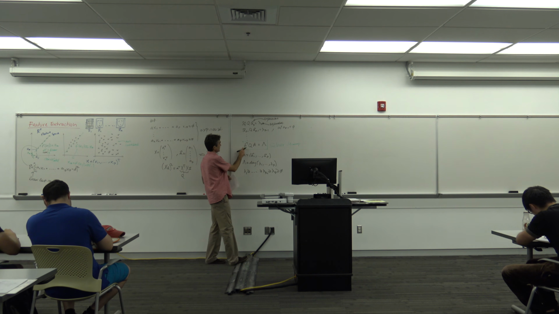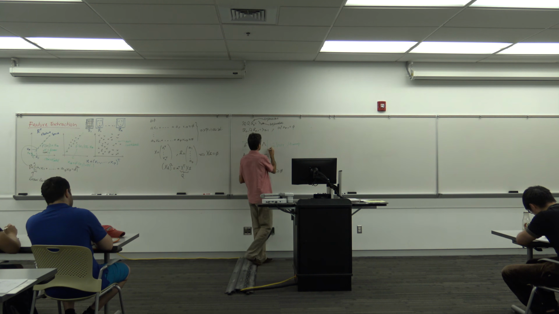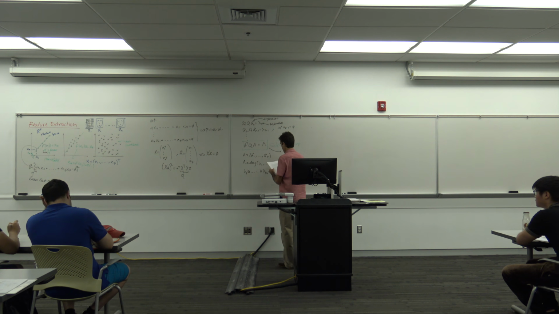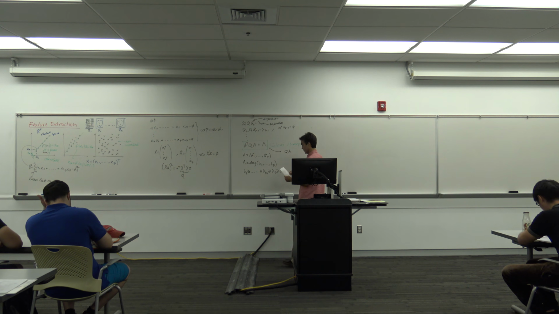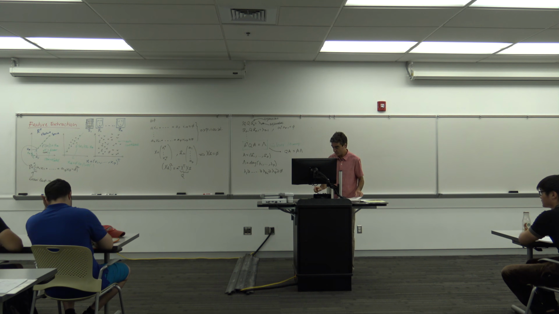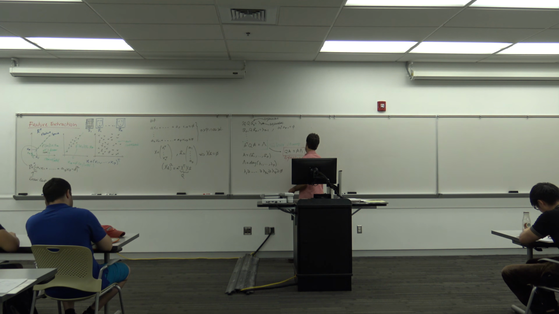So I can multiply this here and rewrite this as QA, and now move A to the other side as A lambda. And this, obviously, is the famous eigenvalue decomposition equation.